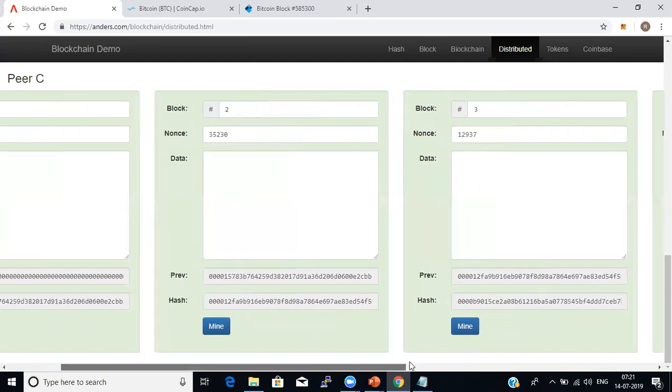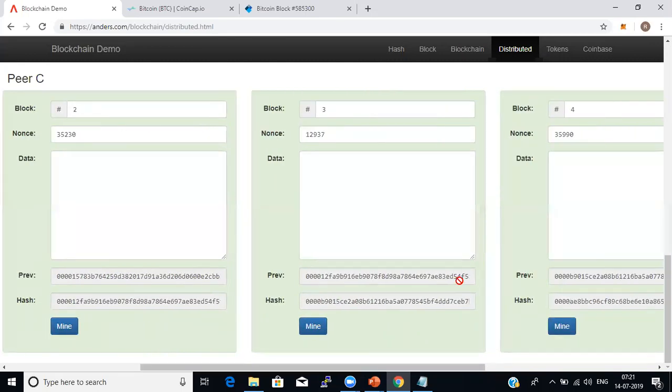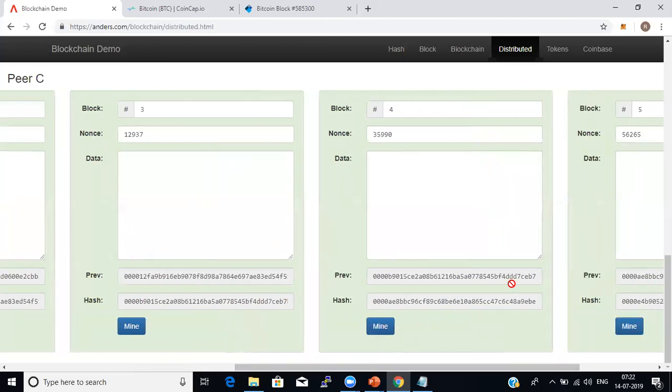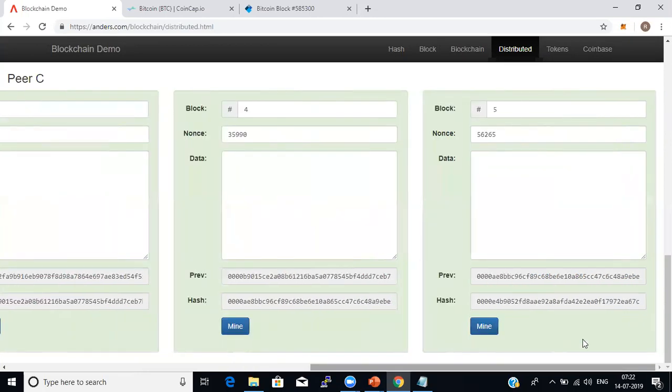This 54F5 is linked up with the third block, and the third block's hash code is EB7. This EB7 is linked up with the fourth block, and the fourth block's output is 9EBE, and this 9EBE is added into the fifth block.